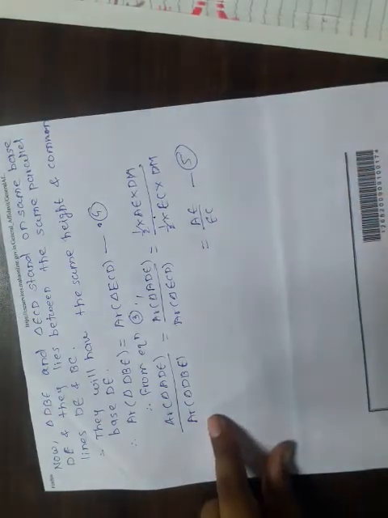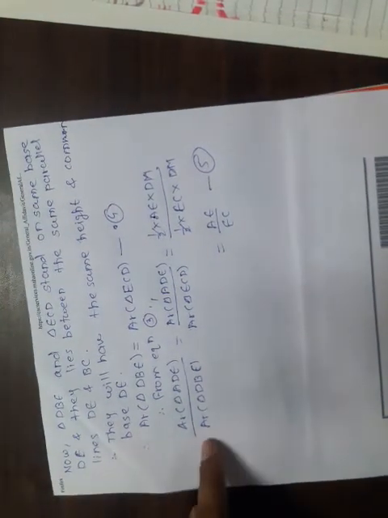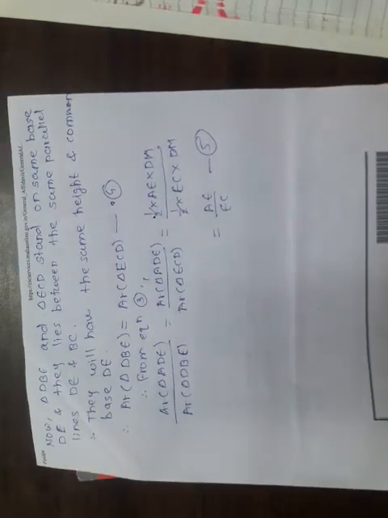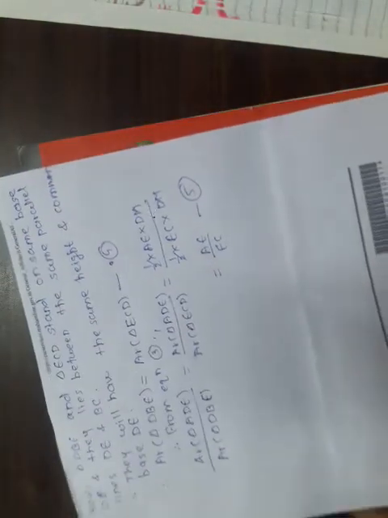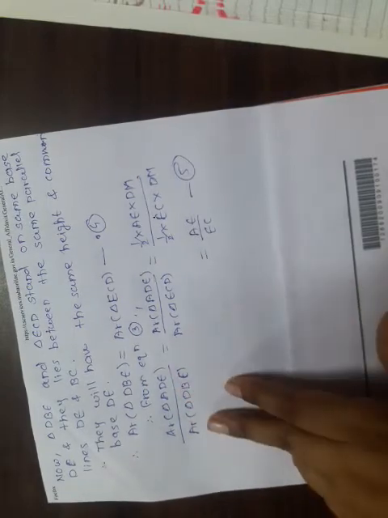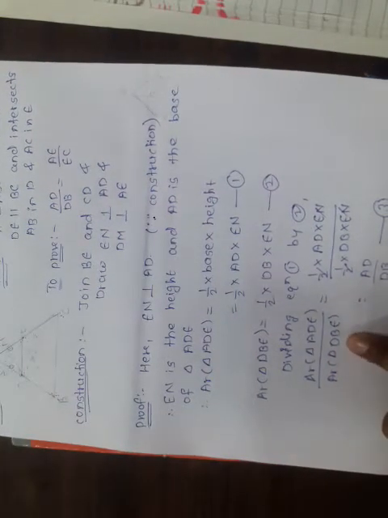Again, when we compare equation 3 with equation number 5, what do we get then? Our LHS are equal: area of triangle ADE upon area of triangle DBE, which in equation 3 is again area of triangle ADE upon area of triangle DBE.